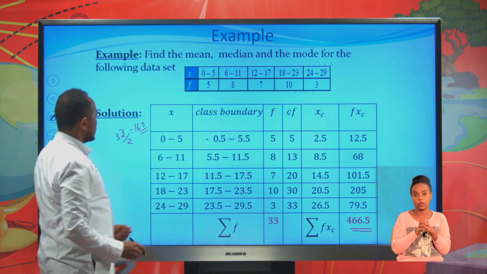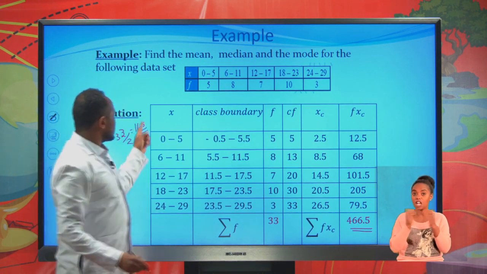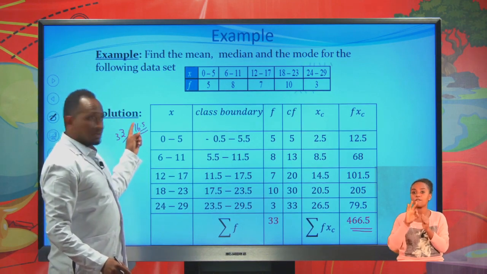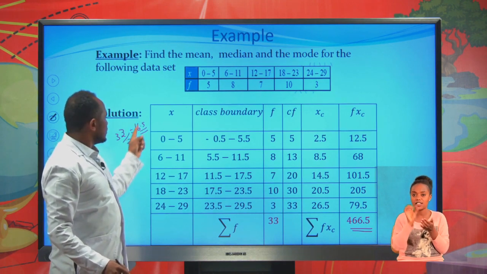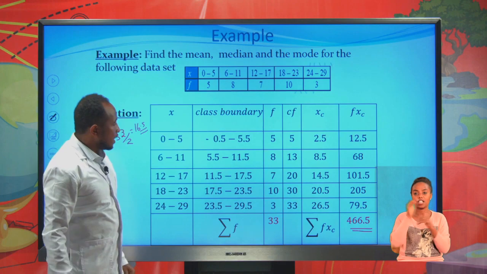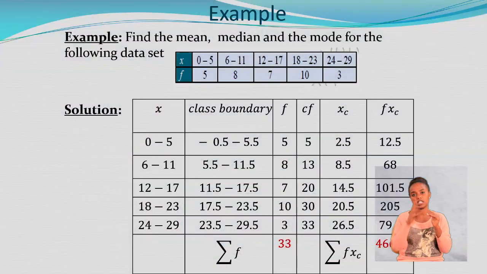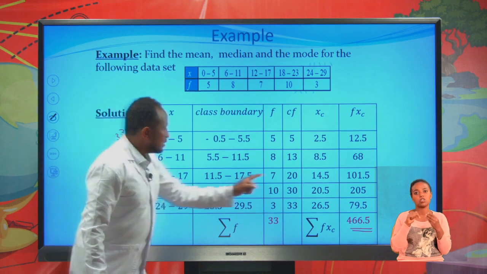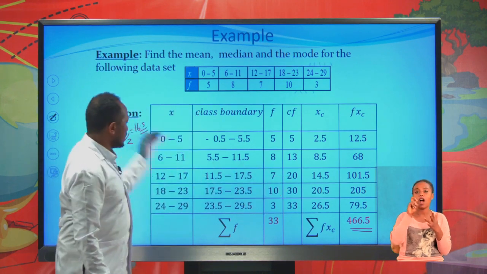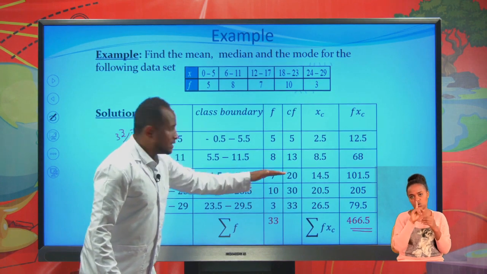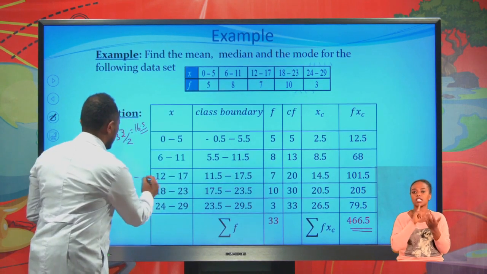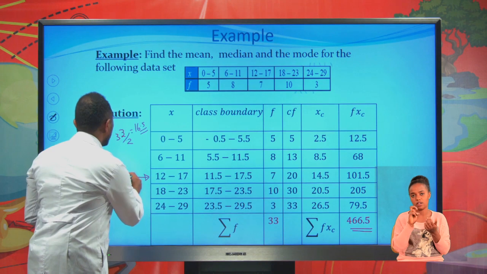So we search for a class with cumulative frequency greater or equal to this one. The least cumulative frequency greater or equal to 16.5. Here it is 5, here it is 13. It does not exceed 16.5. Here it exceeds 16.5 and it's the least cumulative frequency. It's lesser than the other. So the median class is this one.